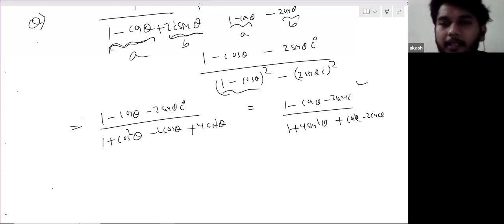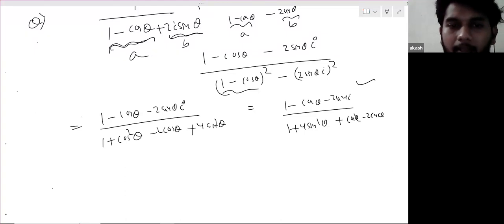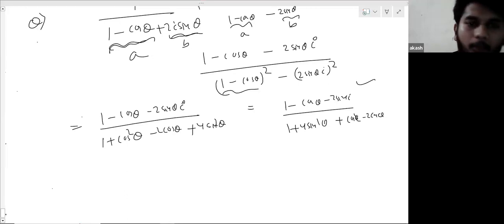All right, you can leave it as it is. No worries, because further simplification requires some formulas of trigonometry. I hope this is clear. So division is absolutely clear.